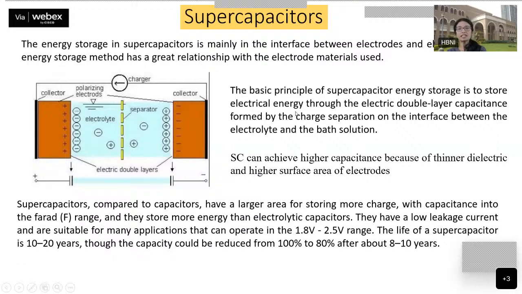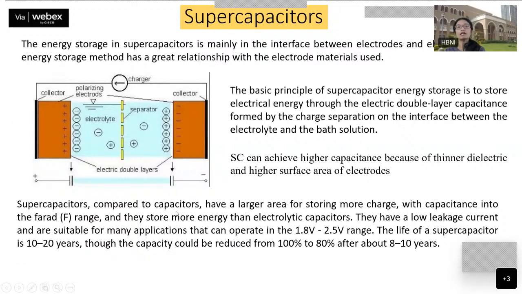It is to store electric energy through the electric double layer capacitance formed by the charge separation on the interface between the electrode and the electrolyte solution. And why it can achieve higher capacitance is because of a thinner dielectric and a higher surface area of the electrode. So we are using a shorter distance, so the D value is decreasing, so C is increasing, and on top of that we are increasing the A. So a very simple concept, but this concept can only be applied when you have really good materials.